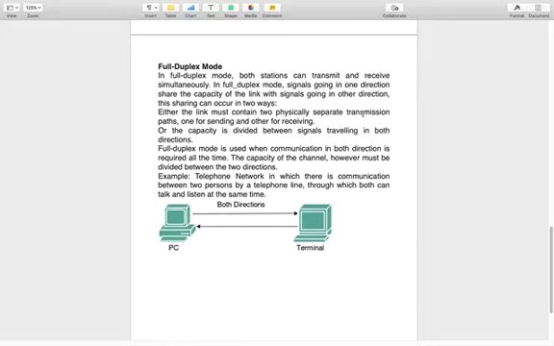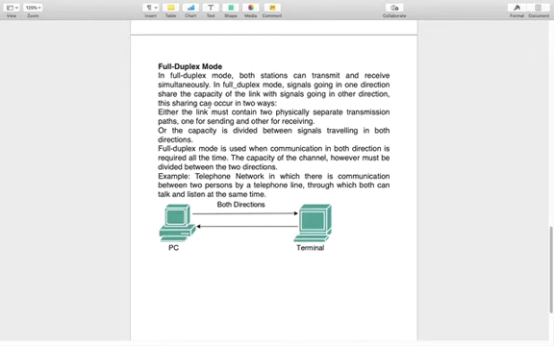So in a simple way, full duplex communication can be done in both directions at the same time. Sender will send the signal, and at that time receiver can also send the signal.